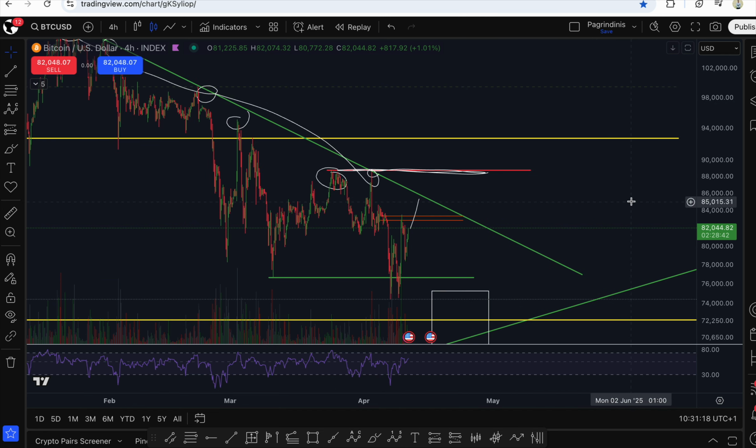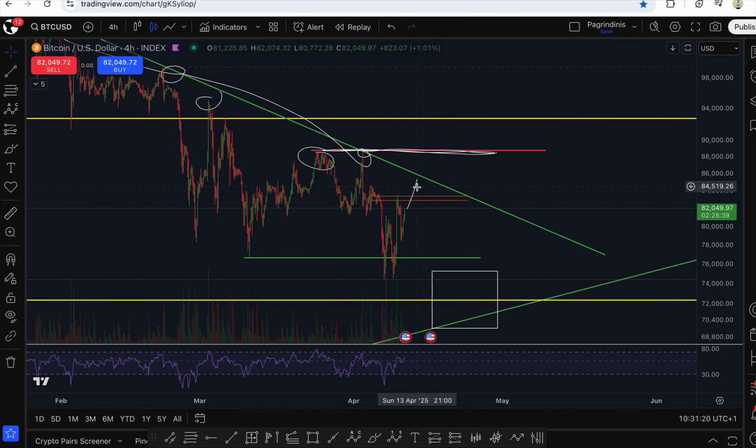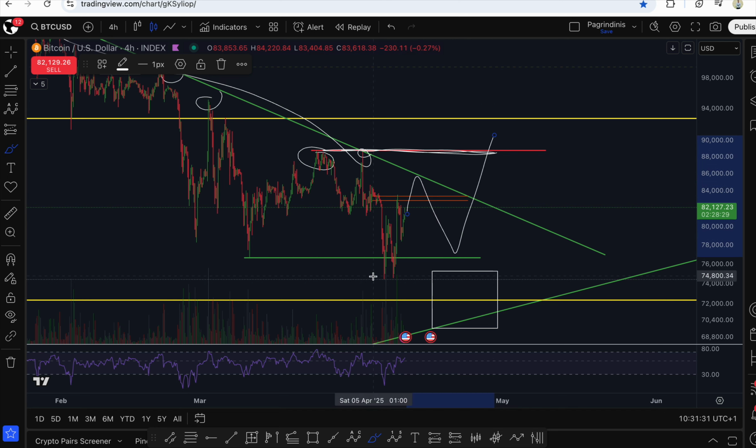So are we gonna touch this trend line again? I'm gonna touch this trend line again, reject, maybe make a lower high and do something like that, yeah? A nice ABC.